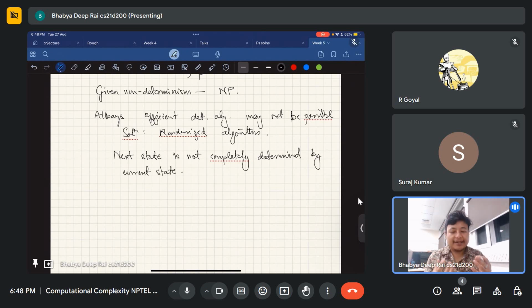There is a degree of randomness here. The best way to capture it is that my algorithm actually tosses coins on the way. I am in a current state, I want to make a decision, then I'll toss a coin, and the coin may be heads or tails.